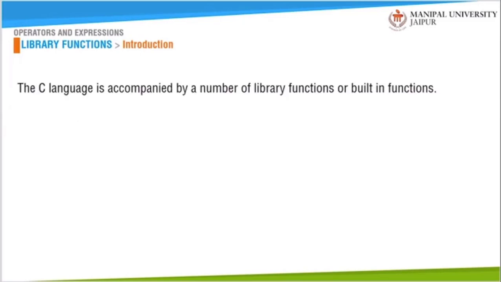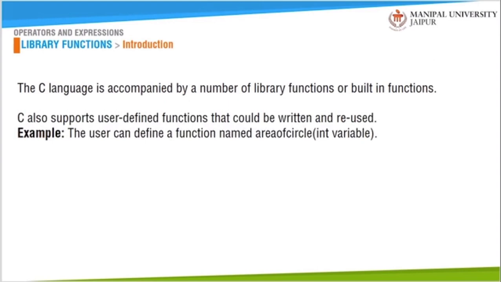Functions, the C language is accompanied by a number of library functions or built-in functions that carry out various commonly used operations or calculations. Similarly, C also supports user-defined functions that could be written and reused.